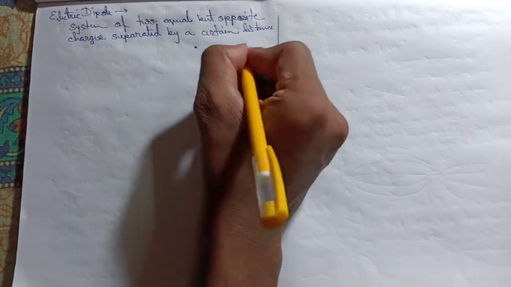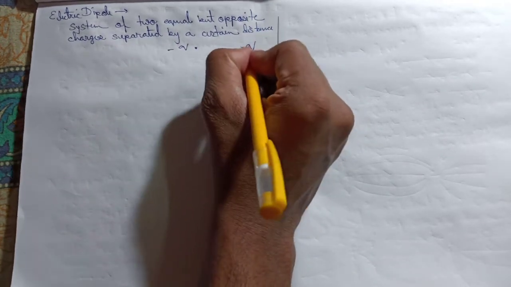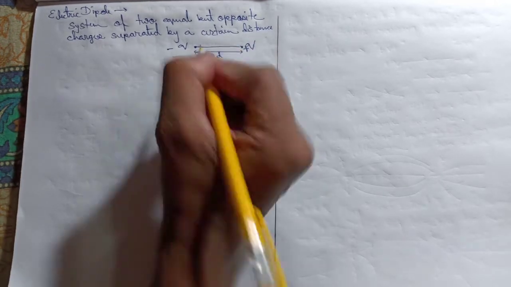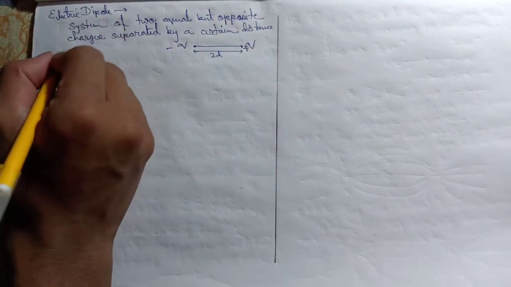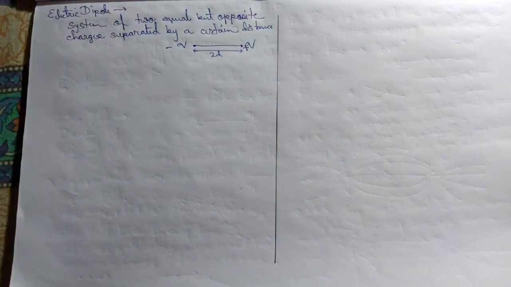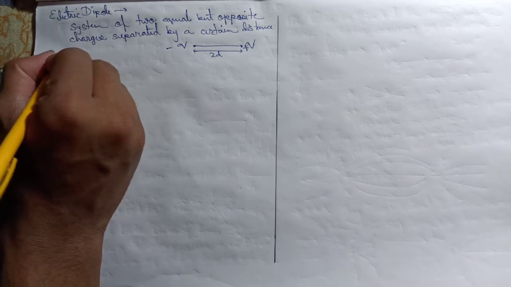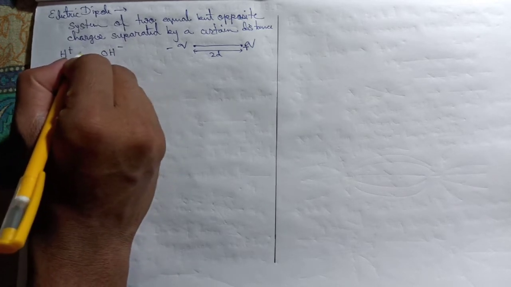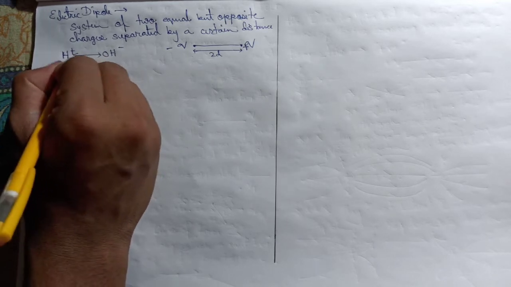So two equal and opposite charges, minus and plus, separated by a certain distance 2d. Then it is called an electric dipole. For example, the water molecule, which you already heard about in chemistry. The water molecule can be separated like H plus and OH minus. Together they make the water molecule H2O, so they form a dipole.